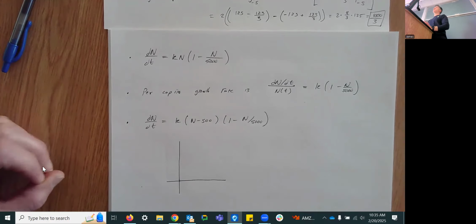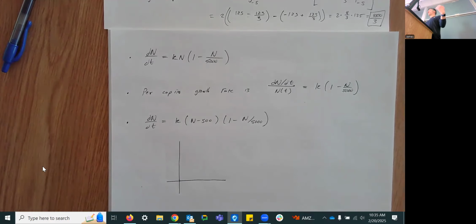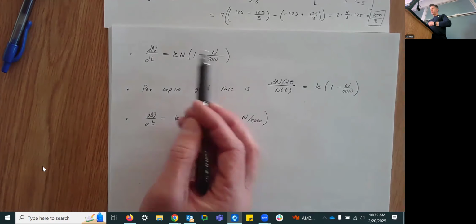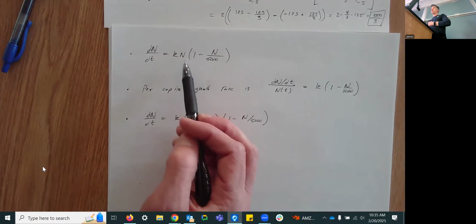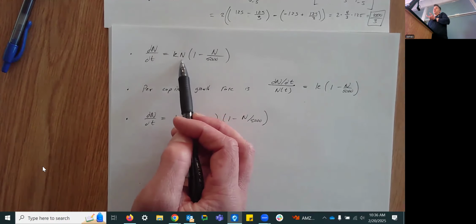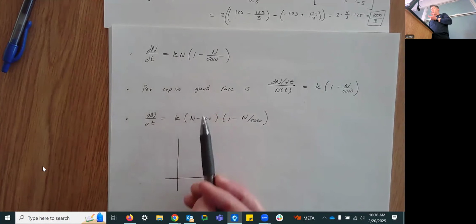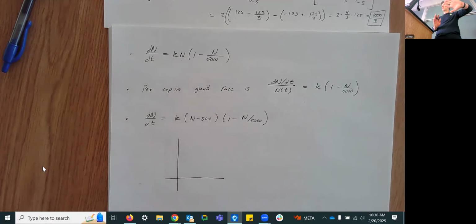I don't know if I agree, because I turned this n into my n minus 500. Basically here you're saying 0 is the lowest population you can have, and if we're changing that to 500, I don't think you want that n there as well. Again, I'm not 100% sure, but that's my best interpretation of it.